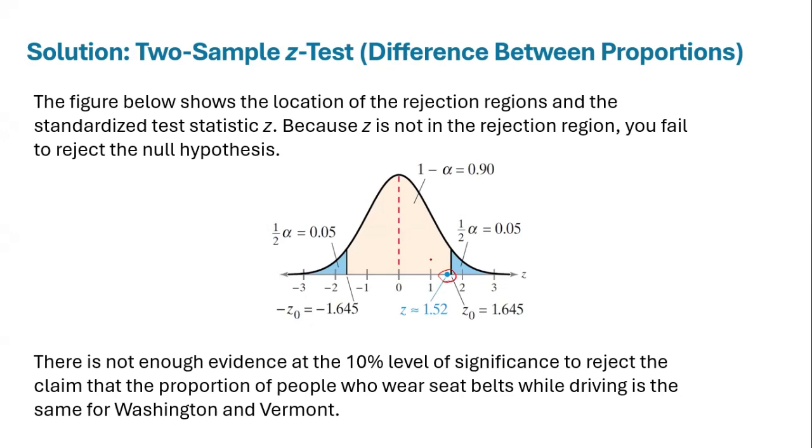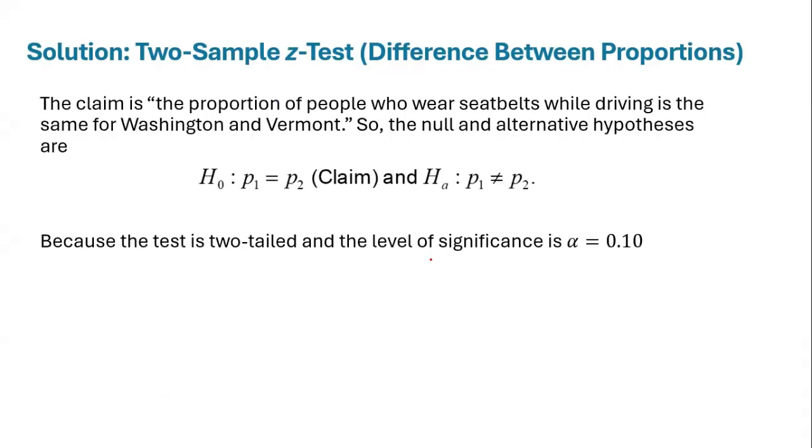And if it's not in the shaded area, we fail to reject the null. If we fail to reject the null, that means you reject the alternative. And the claim is on the null. And you cannot reject the claim.